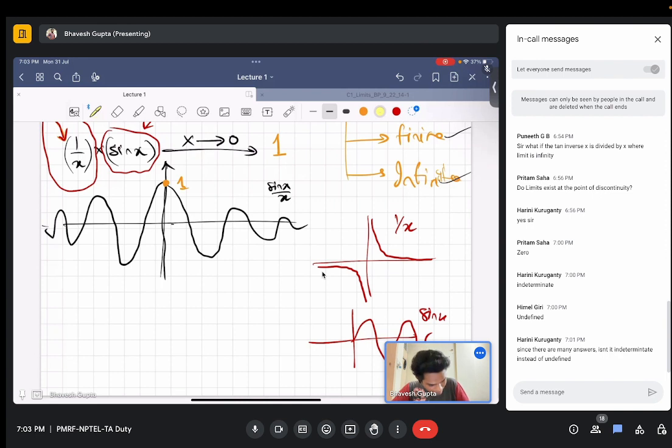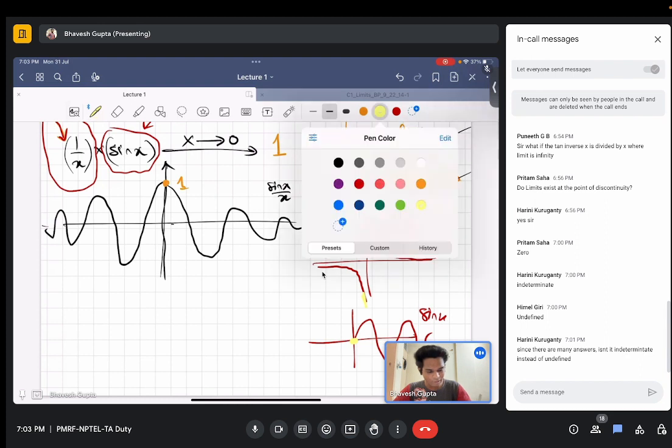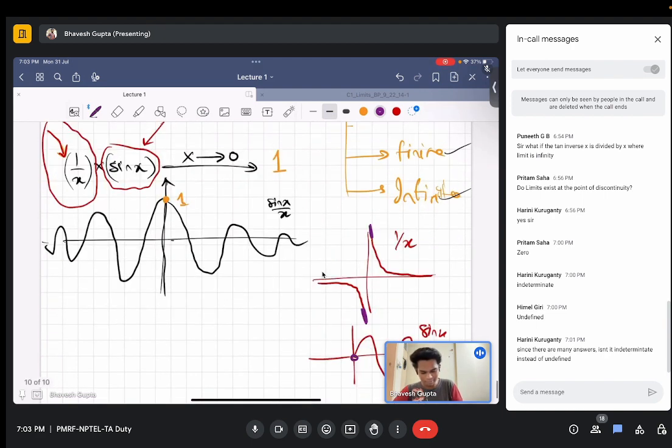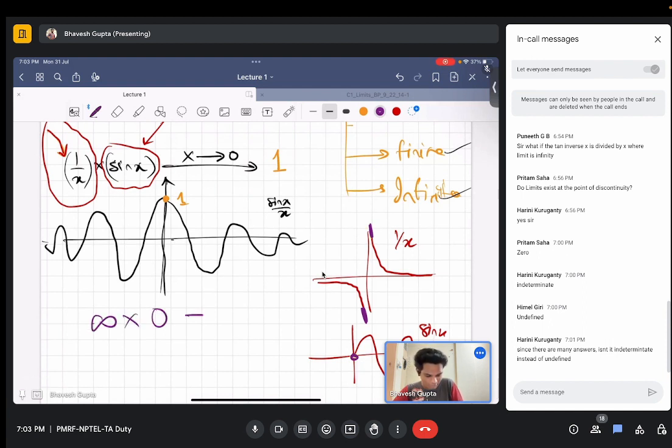You can see for sin x, at x equal to 0 it is 0. But for 1 over x, it is some large value, right? Some large value here. Let me use another color if you are unable to see carefully. So you can see it's a very large value. So this is a typical example where you have infinity into 0, which gives a finite number which is 1. Neither 0 nor infinite, it's 1.